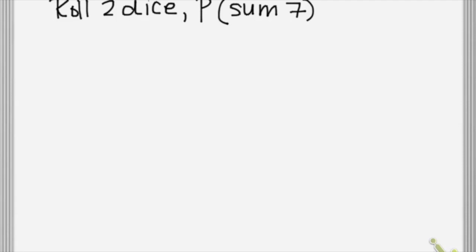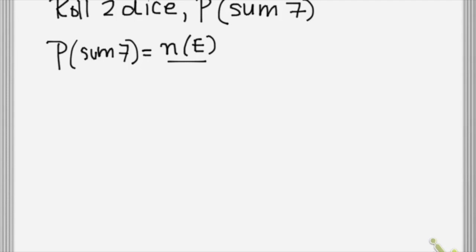So here is a problem. We're going to roll 2 dice, and we are going to see what's the probability that the sum is 7. So I'm going to be looking for the probability of a sum of 7, and I want to look for how many outcomes match the desired probability and how many possible outcomes are there overall.